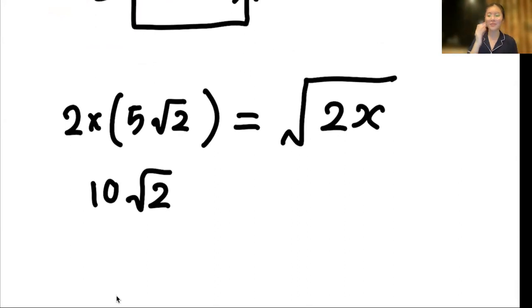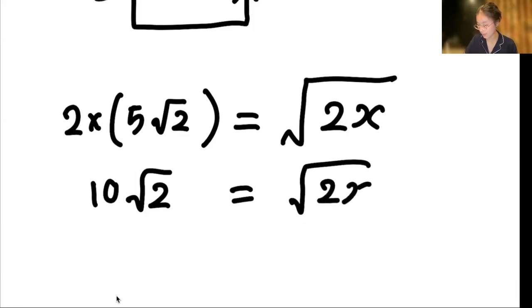It can't be 10√4 because you can't multiply the 2 and what's in the square root. That goes against the rules. So you're going to do that, and then you're going to have 2x.